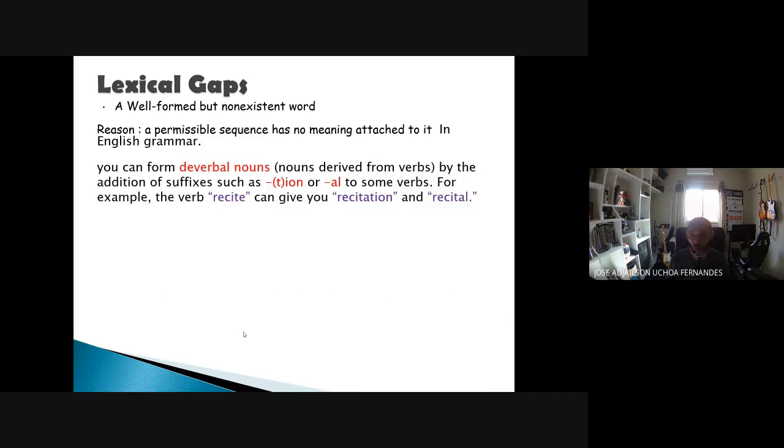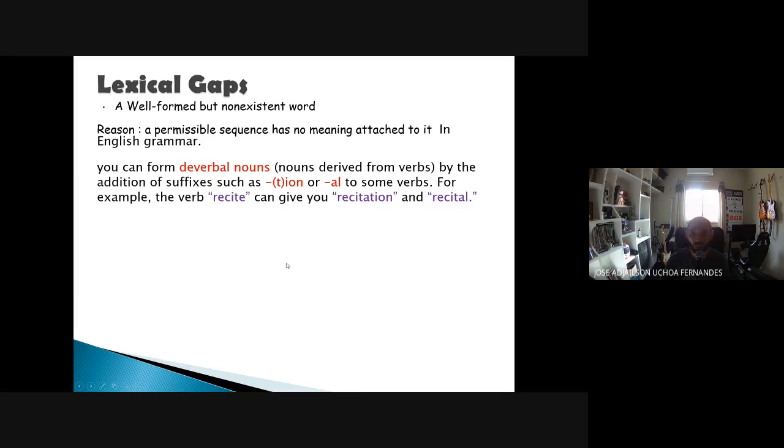Permissible because it's predictable. For example, you can form deverbal nouns, nouns derived from verbs, by the addition of suffixes such as -ation or -al to some verbs. So we have the verb recite, and out of recite, we can have recitation and recital.